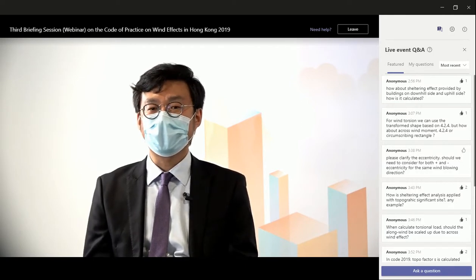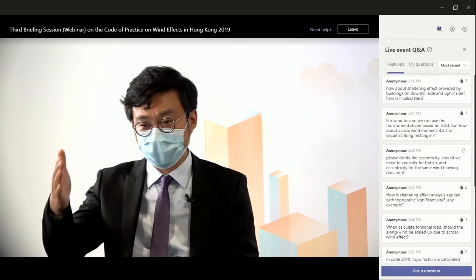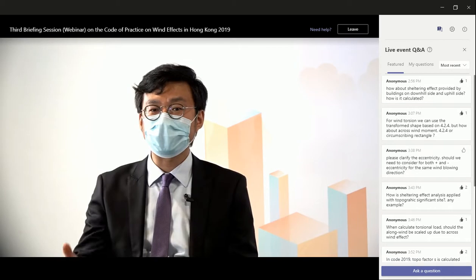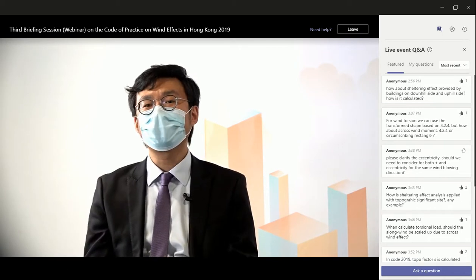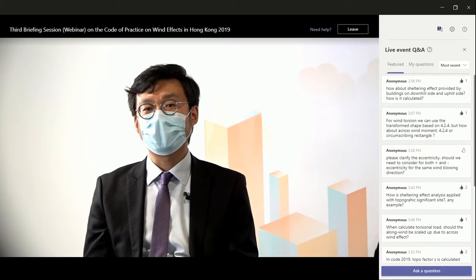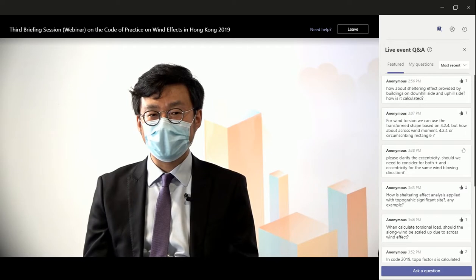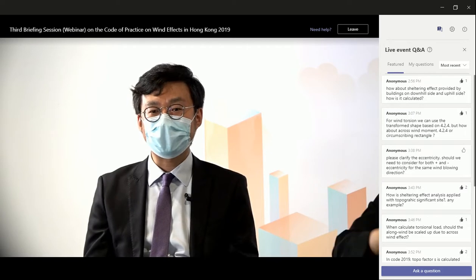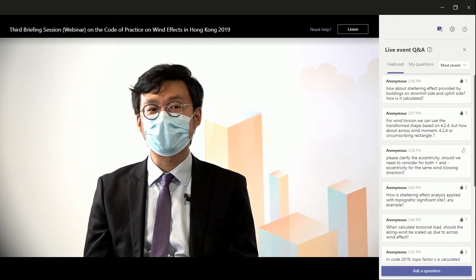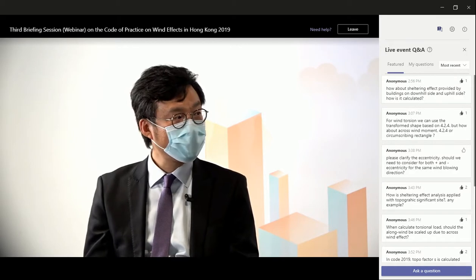And then at a higher level, we can go to secondary members or secondary structures. This secondary truss may support, for example, quite a few glass panels. Again, the principle is we need to identify how many glass facade panels this secondary truss supports. Then the size factor will be the half perimeter of the loading area of this secondary structure.